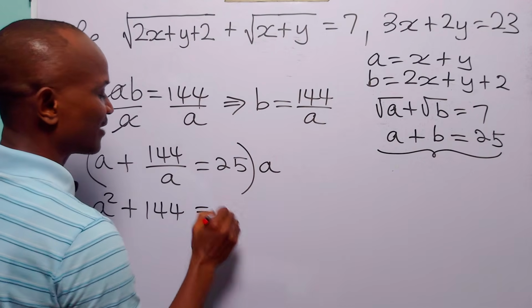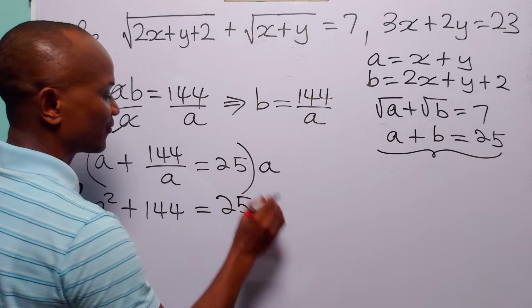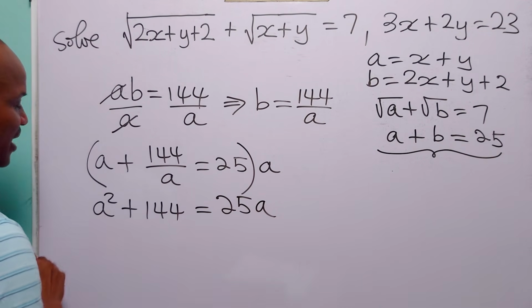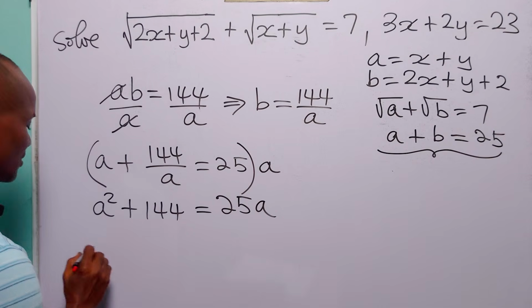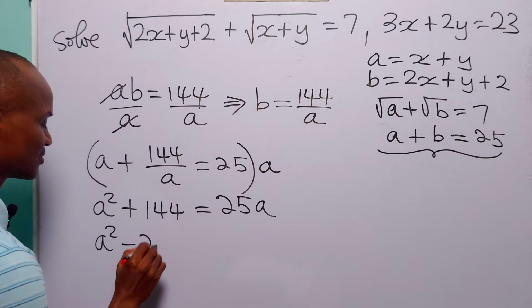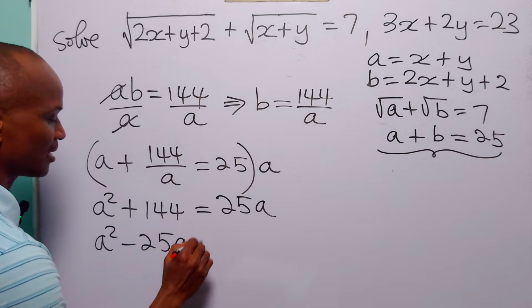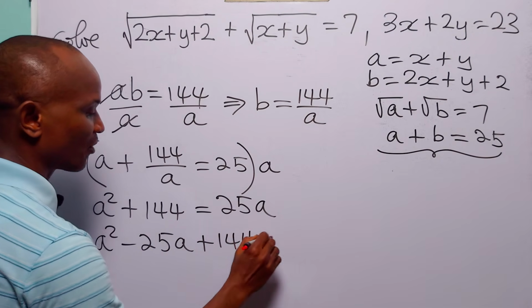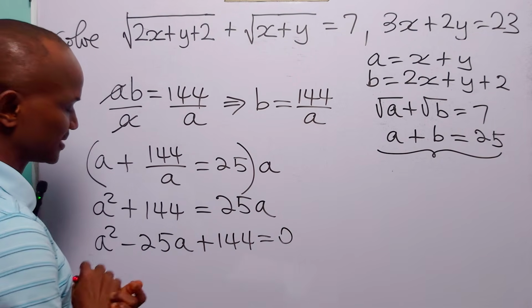And of course, 25 times a is 25a. Now let us rearrange this quadratic equation. We have a squared minus 25a plus 144 is equal to 0.